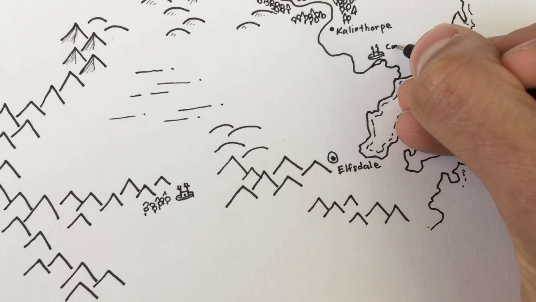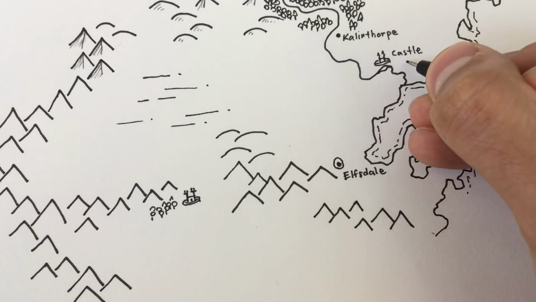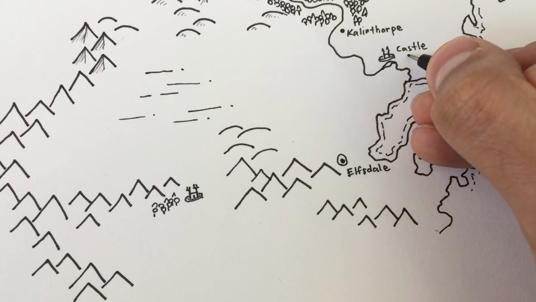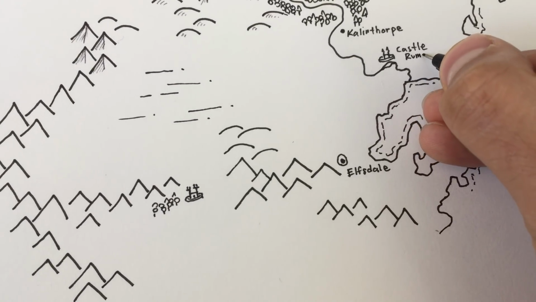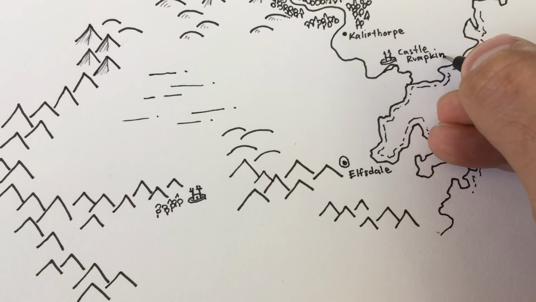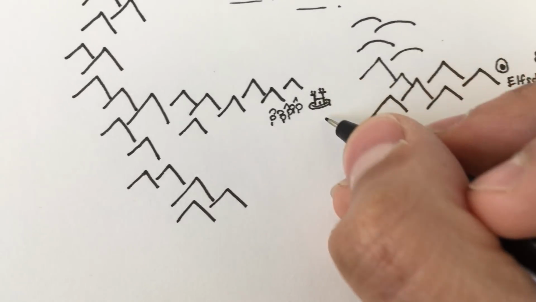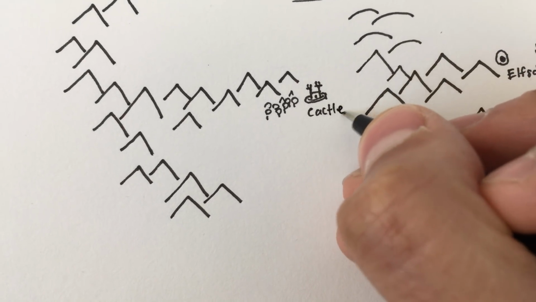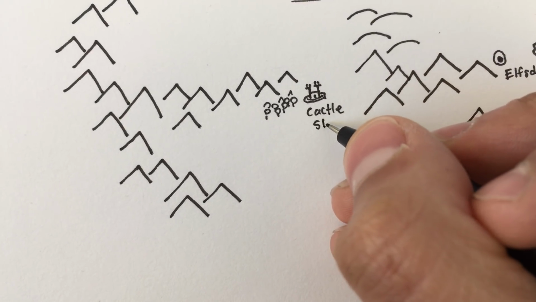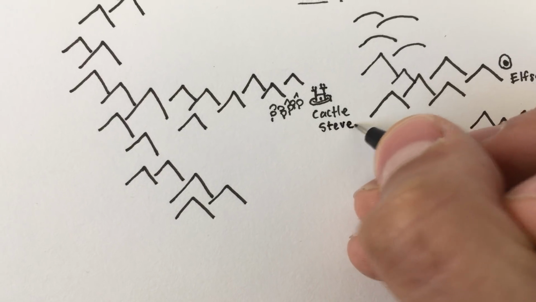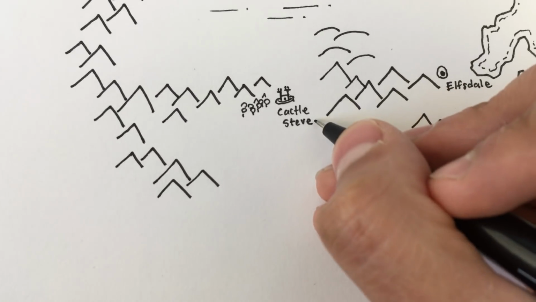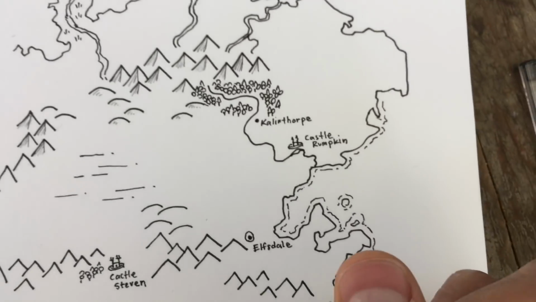And this is Castle Rumpkin. Lord Rumpkin is a very grumpy man. And this is Castle Stephen. That sounds more mystical.